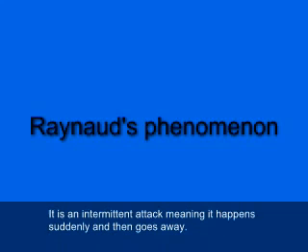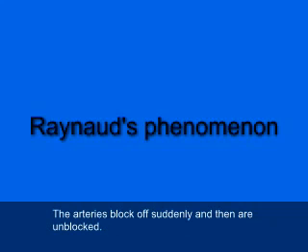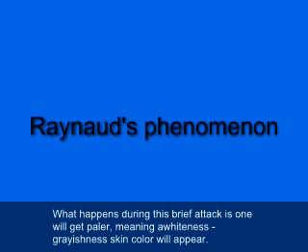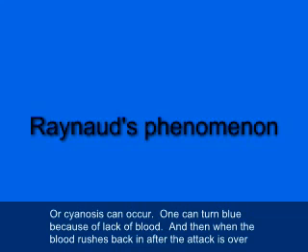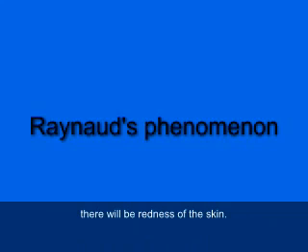So it is an intermittent attack, meaning it happens suddenly and then goes away. The arteries block off suddenly and then are unblocked. And what happens during this brief attack is one will get pallor, meaning a whiteness, grayishness of the skin, cyanosis, it can blue out because of lack of blood. And then when the blood rushes back in after the attack is over, there will be redness of the skin.